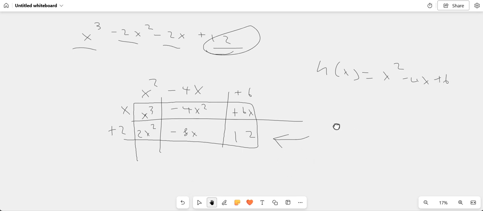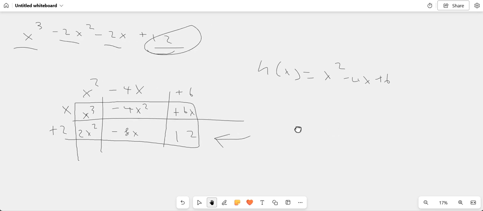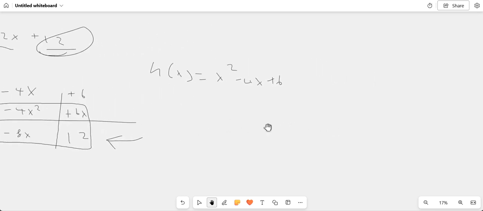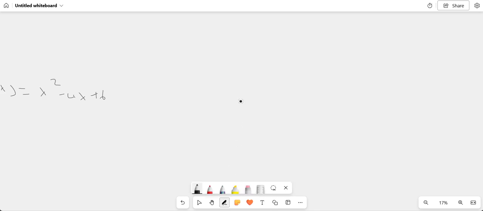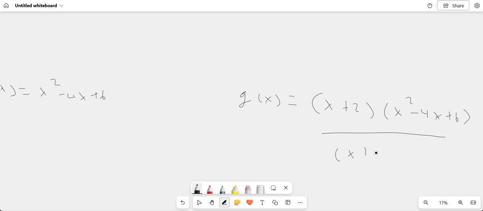And so now, because h of x is equal to that, I can write g of x, which is the thing in the question, that fraction we had earlier of the cubic over x plus 2, x minus 4. I can split the top of it into x plus 2 and this h of x, x squared minus 4x plus 6, and then all of that over x plus 2, x minus 4 here.